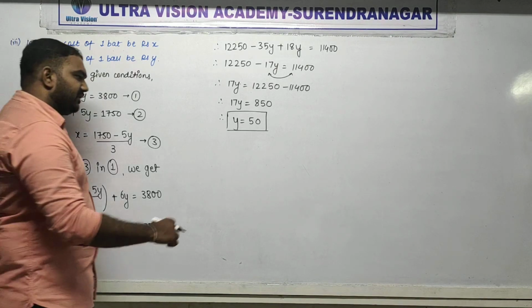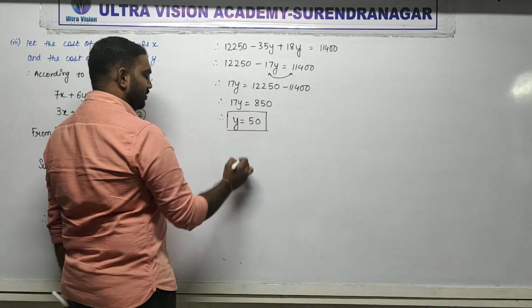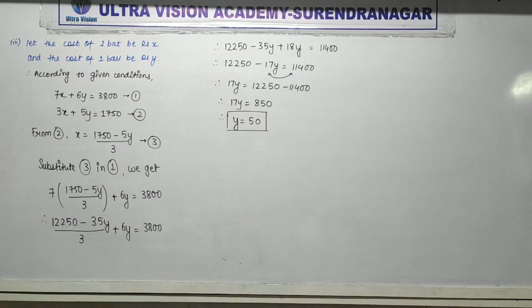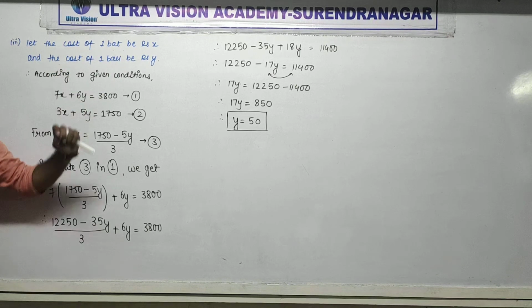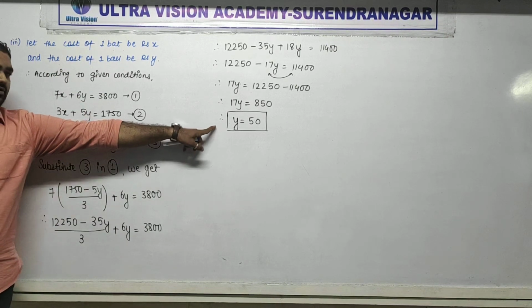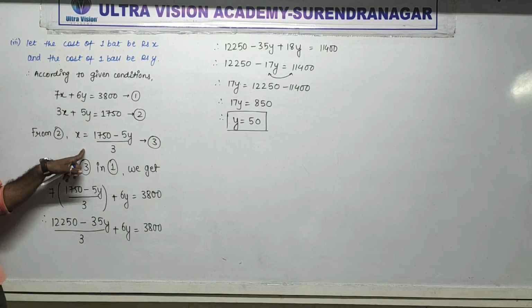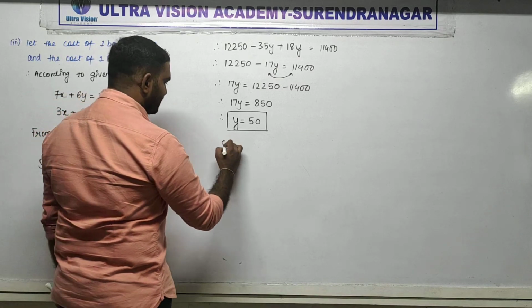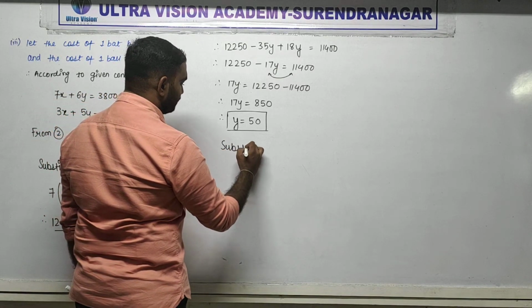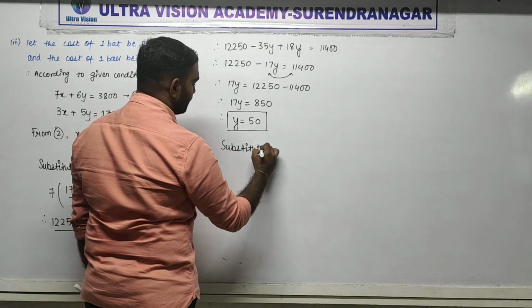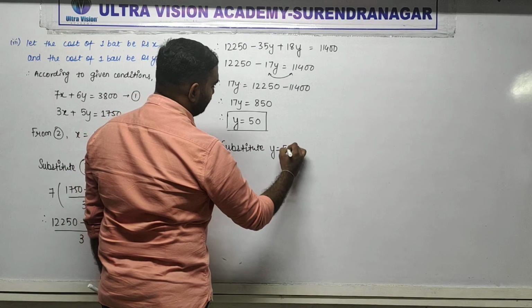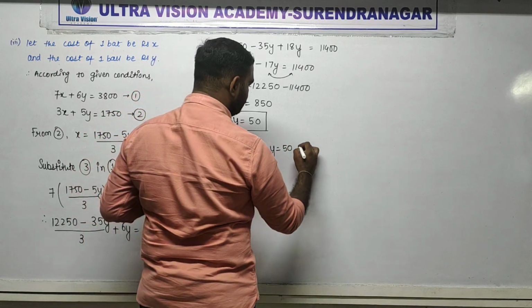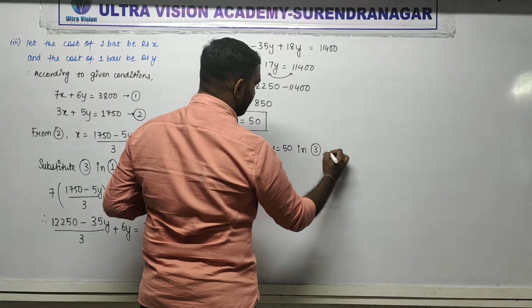What is y? The cost of one ball. So one ball will cost you rupees 50. Substitute this value of y in the third result. Substitute y equals 50 in 3.